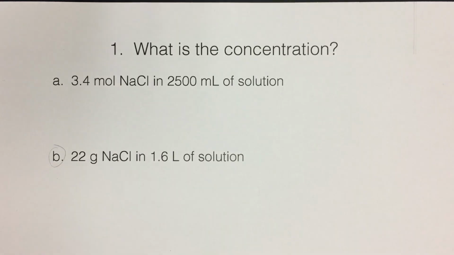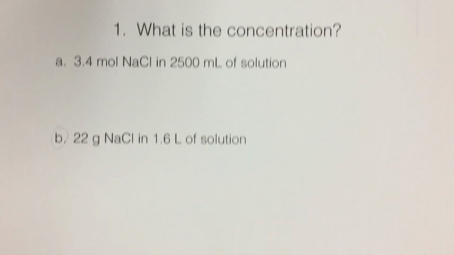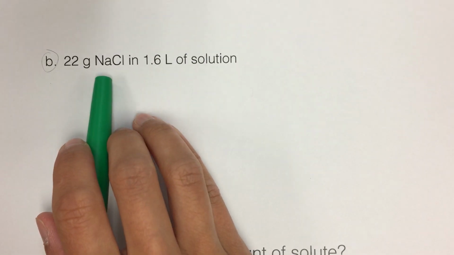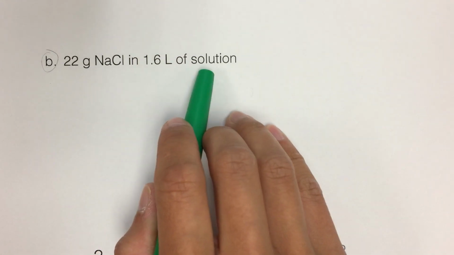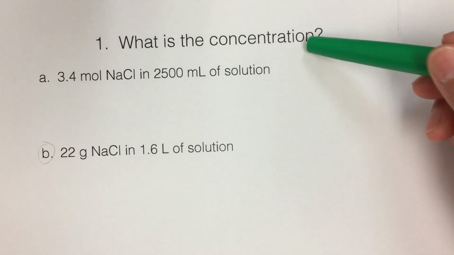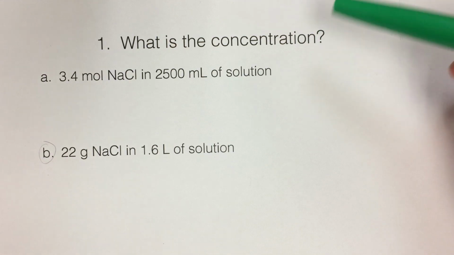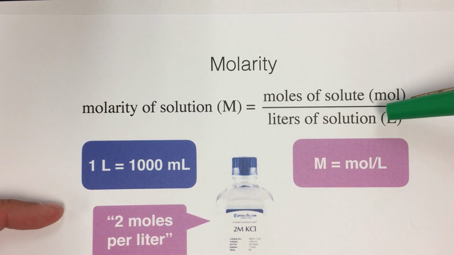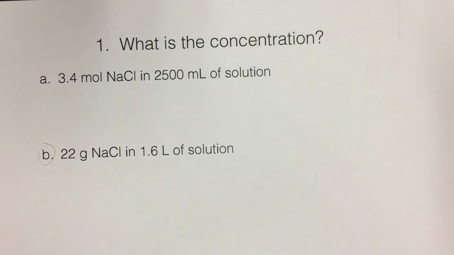Okay, so remember that this type of question is what is the concentration? And we're given the gram amount of sodium chloride, and we're given an amount of solution. If we want to figure out concentration, remember that concentration or molarity is moles of solute on top and liters of solution on the bottom.